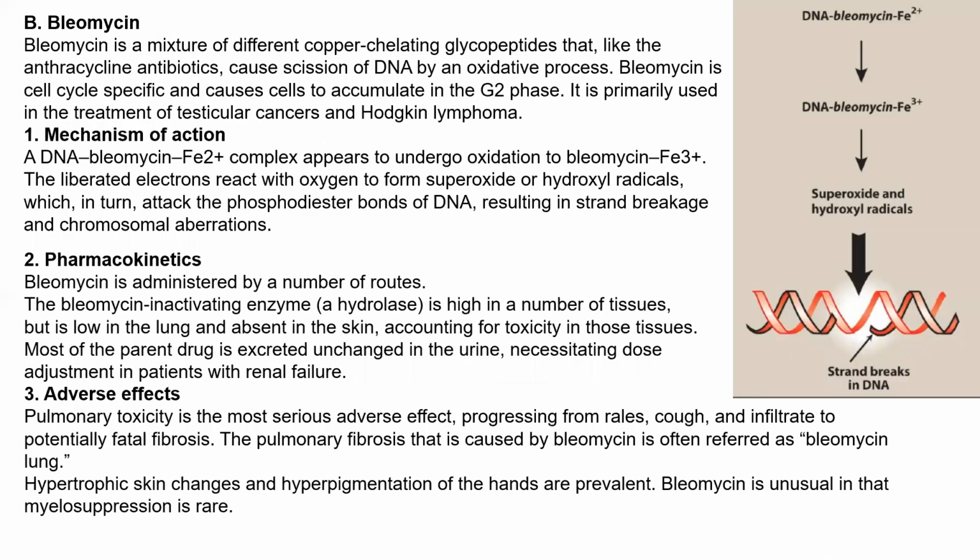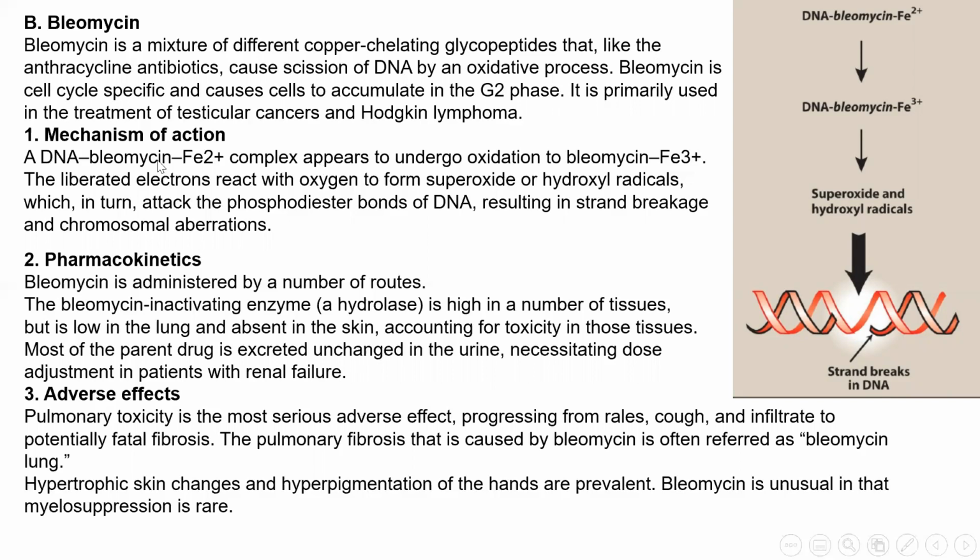Then we have bleomycin. Bleomycin is a mixture of different glycopeptides. Like anthracycline antibiotics, it causes scission of DNA by an oxidative process, also through generation of reactive oxygen species.